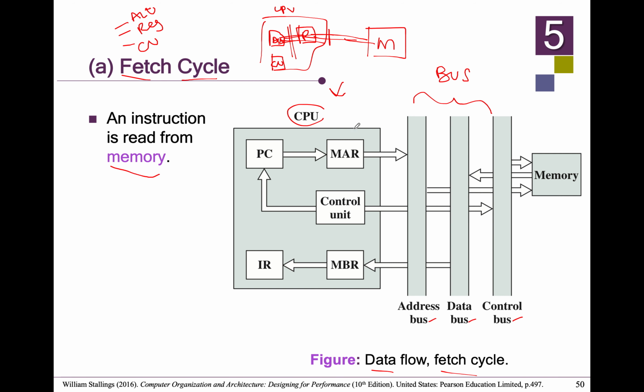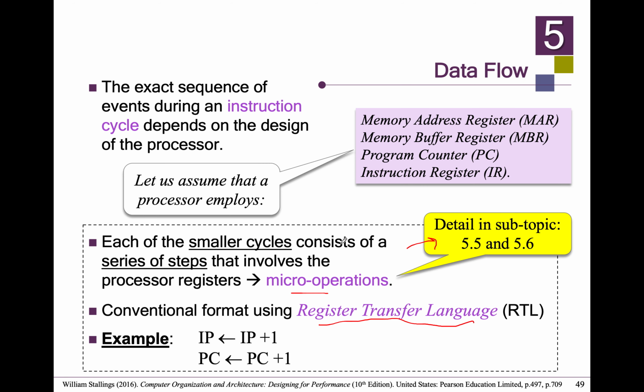But now you can see you have the PC, you have the MAR, you have the control unit similar, you have IR and MBR. Please make sure you remember all the terms, which is MAR for your memory address register, still under register. So all of this is a register, and PC is your program counter.